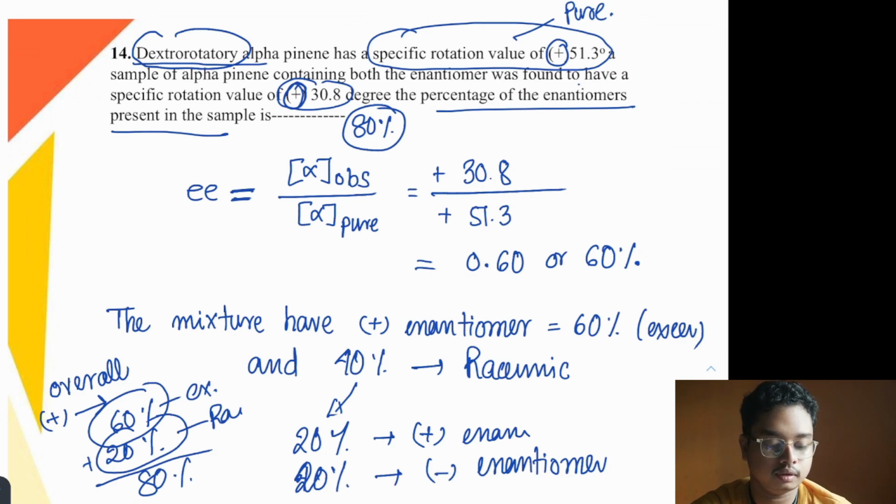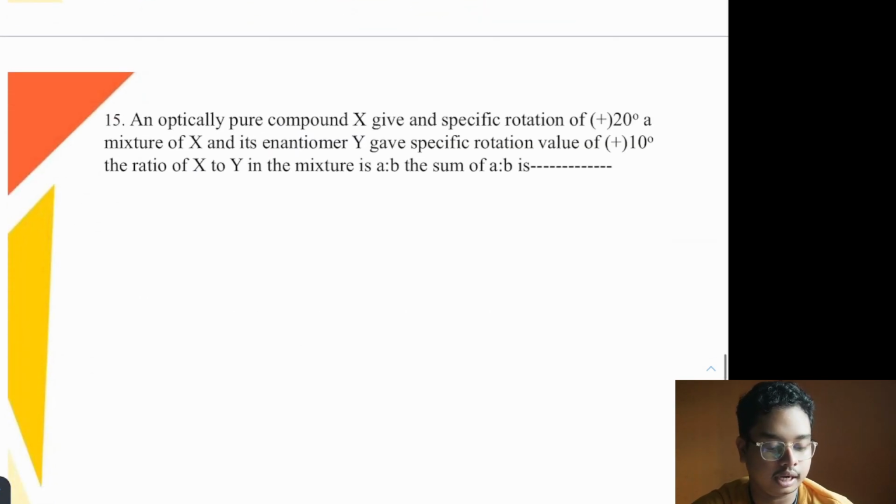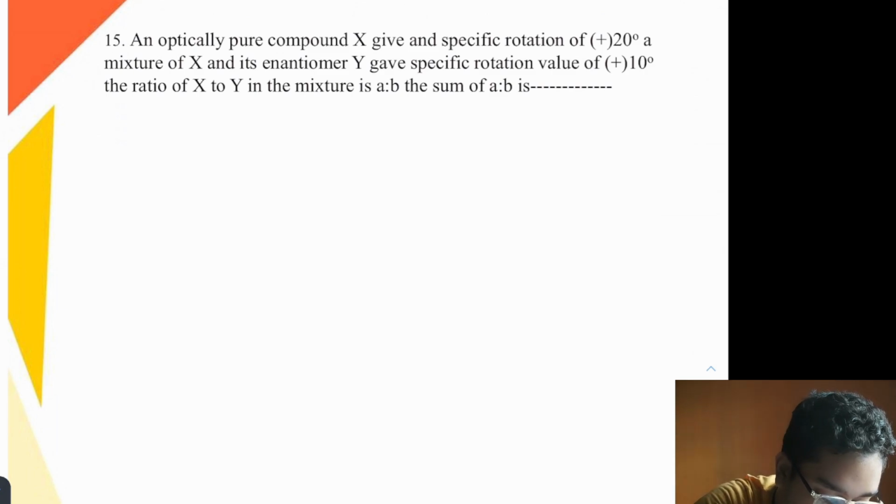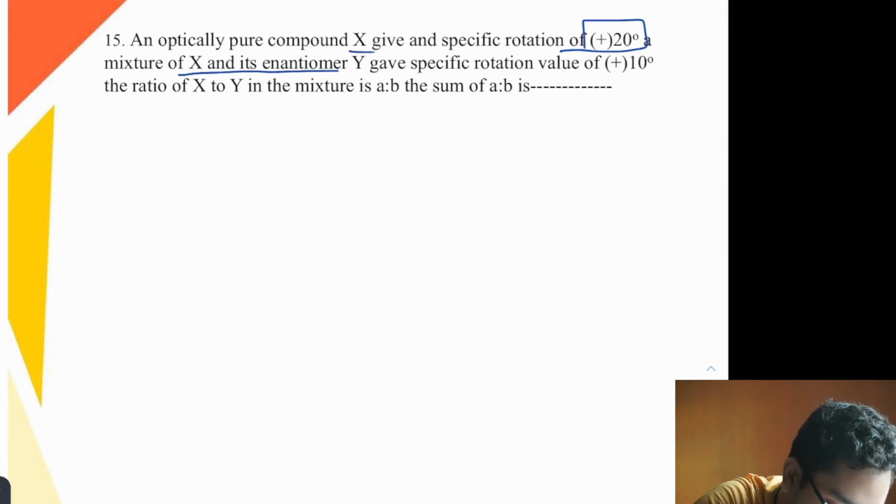Okay, so by this you have to do this type of questions. Now, I think this will be the final question on optically pure isomers. It is written that optically pure compound X gives a rotation of plus 20, and a mixture of X and its enantiomer Y gives plus 10.